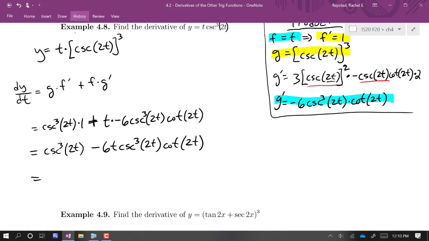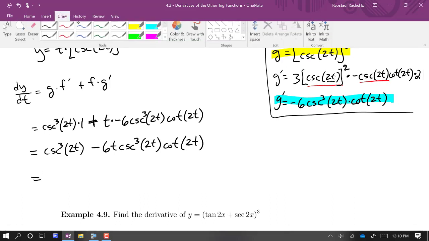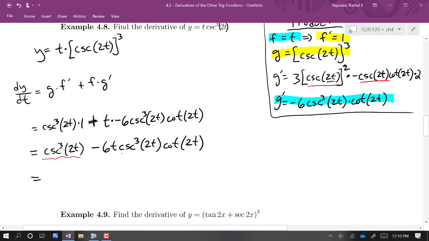There's a common factor of cosecant cubed. So let's factor that out. So inside now we've got 1 minus 6t cotan of 2t. There's our derivative.